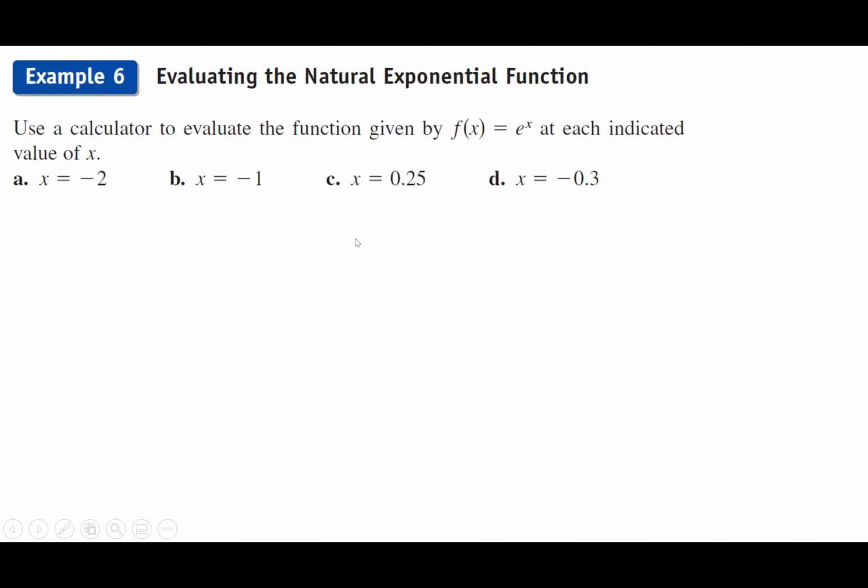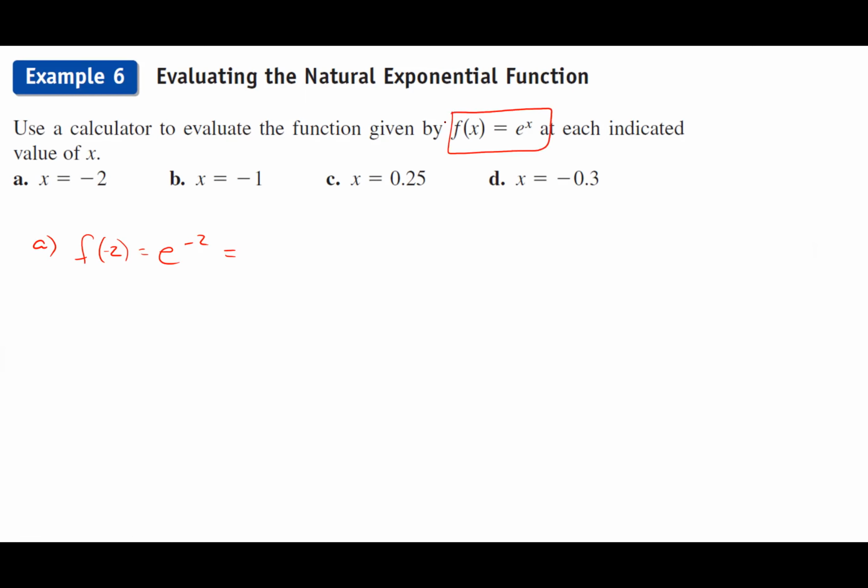So let's jam. Using a calculator, let's go to 2 decimal places here. So A, you're going to plug in f of -2, e to the -2. f of x is equal to e to the x.